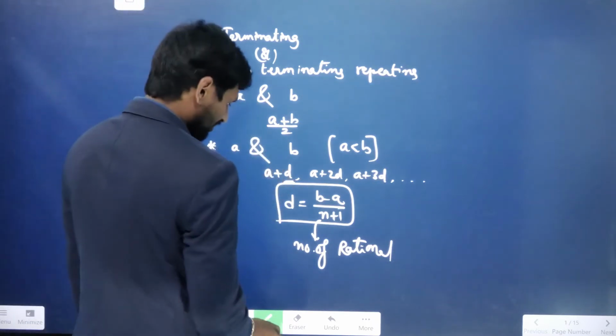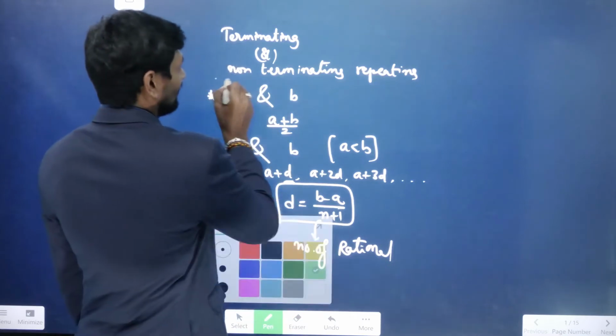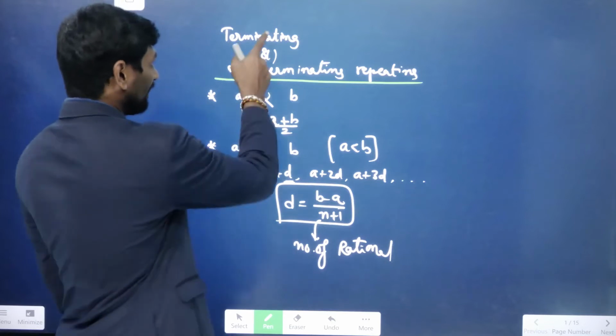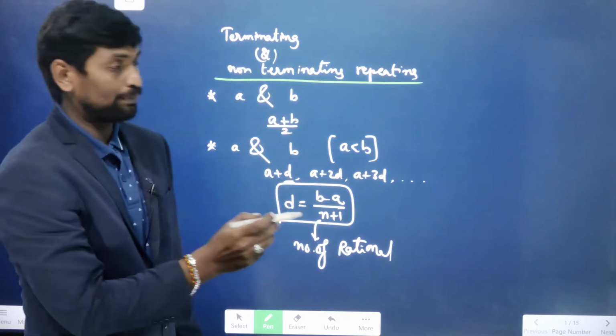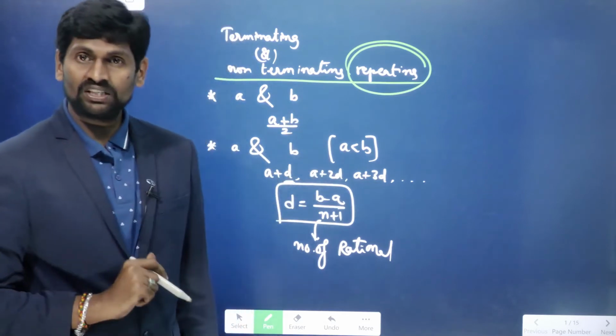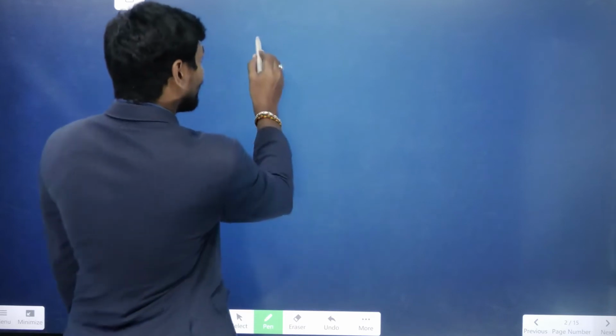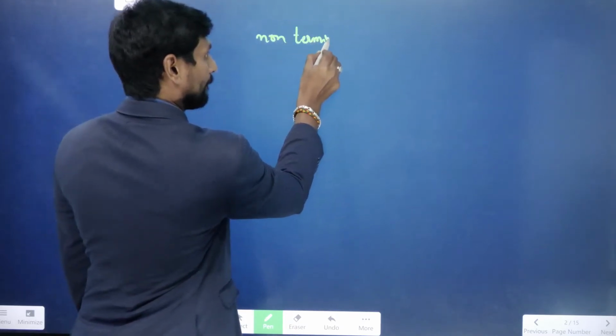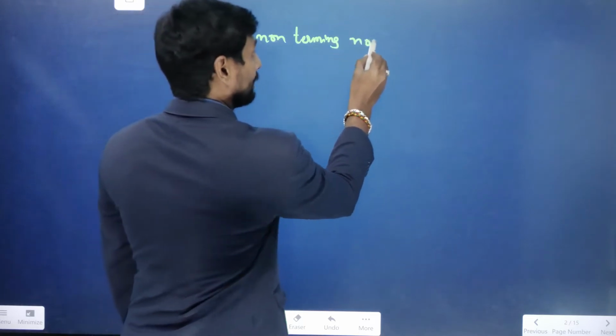Now, while you are observing, rational numbers are either in the form of terminating or non-terminating repeating decimals. There are also non-terminating, non-repeating decimals.